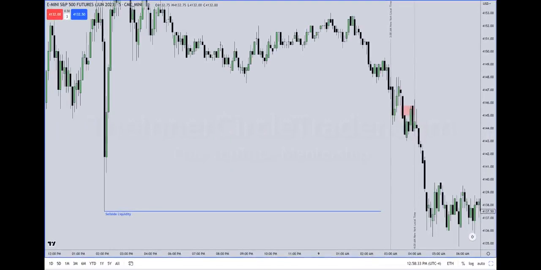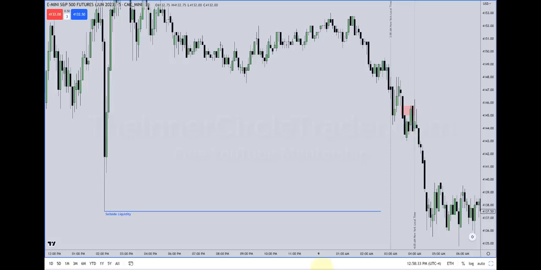So what we're looking for is a classic ICT fair value gap to form between 3 a.m. and 4 a.m. New York local time. The factor you are going to lean heavily on is the skill set of knowing where price is going to go. It's not necessarily the bias.